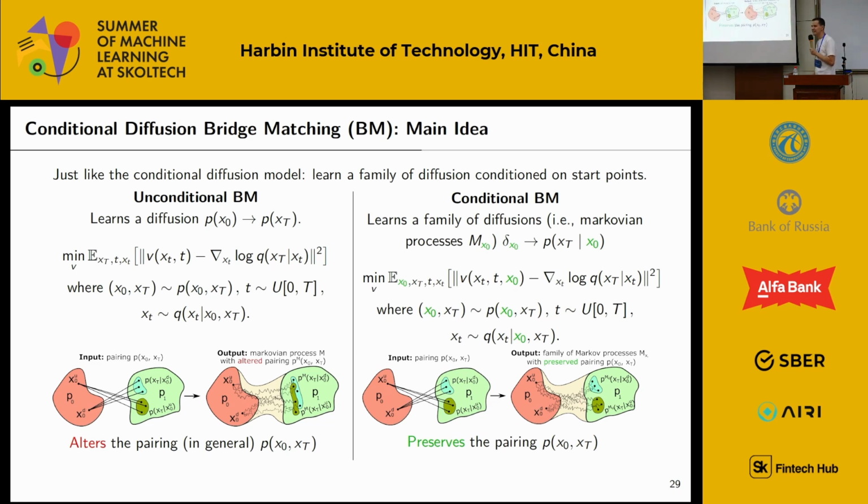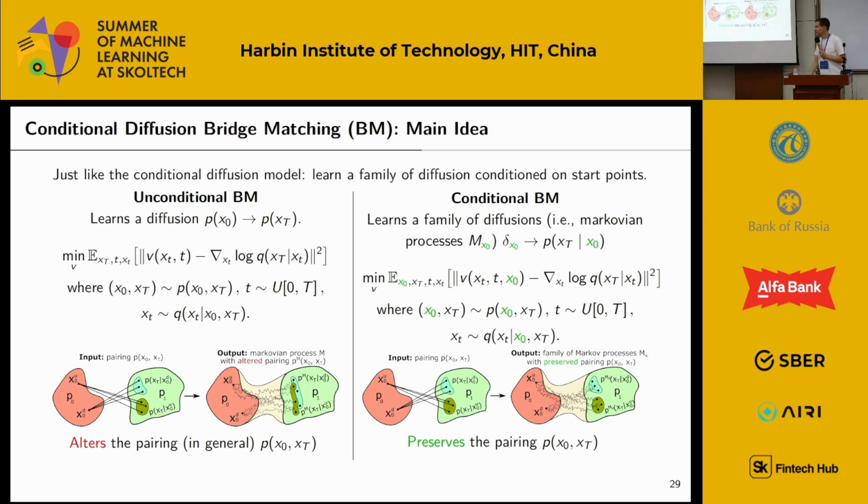The main idea of conditional bridge matching is just the same as the idea of conditional diffusion models. Instead of learning one stochastic differential equation which transforms one distribution to the other, for each input point let's learn a separate stochastic differential equation which will map this particular point x0 to the conditional distribution of this input point, so to the points in the target distribution which correspond to this point.